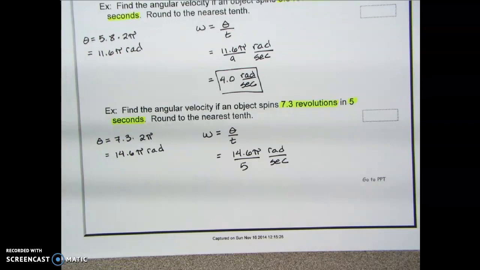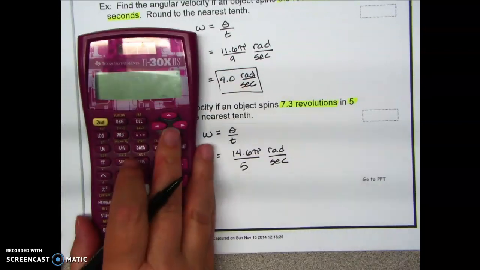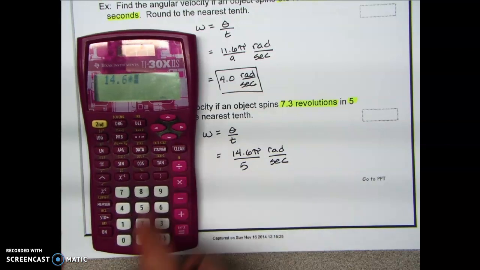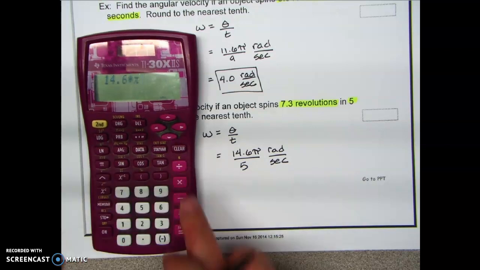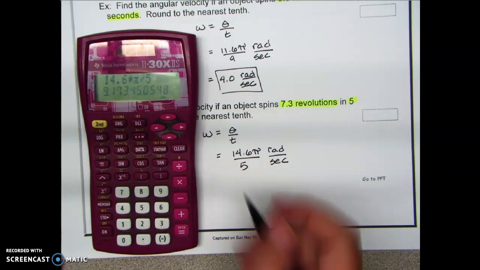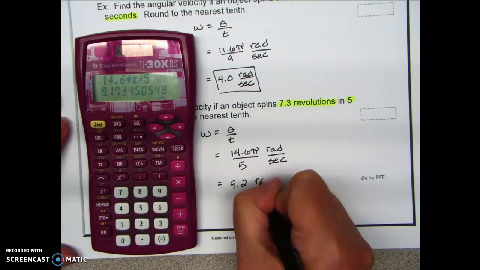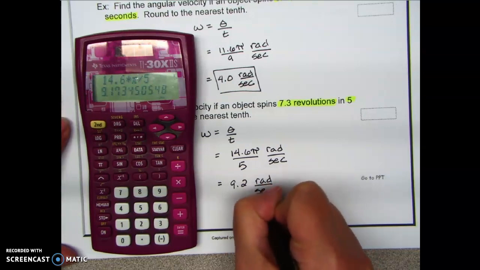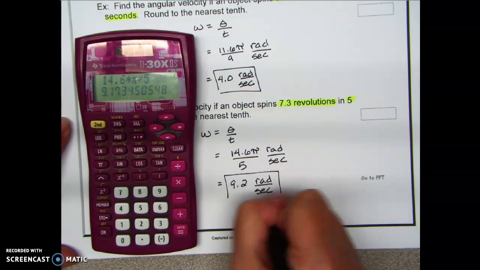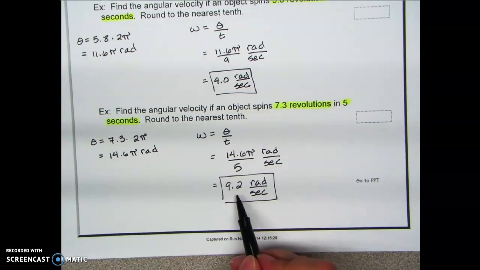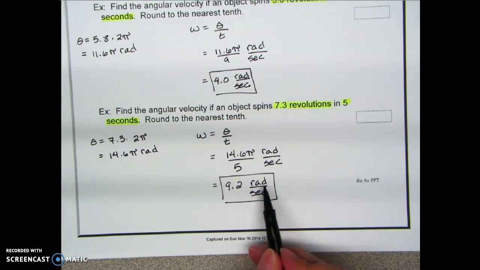When I finish, we've got 14.6 times pi divided by 5, which gives me 9.17, so that's going to be 9.2 radians per second. You'll notice it's extremely important to tell me your units, because it's going to be a much different number if I said radians per minute versus radians per second.